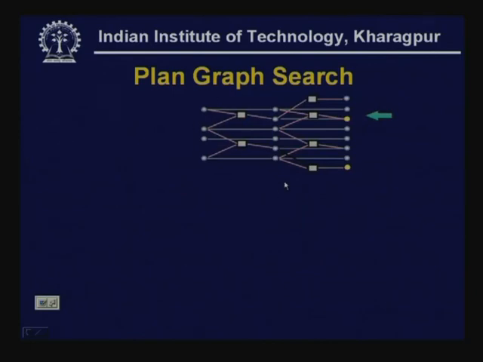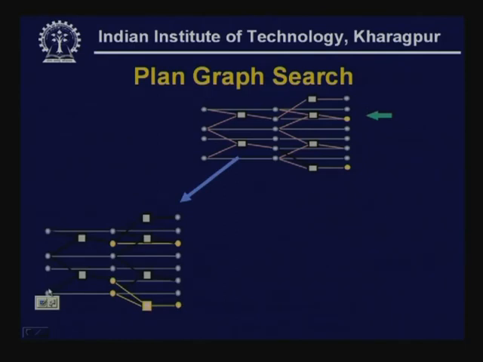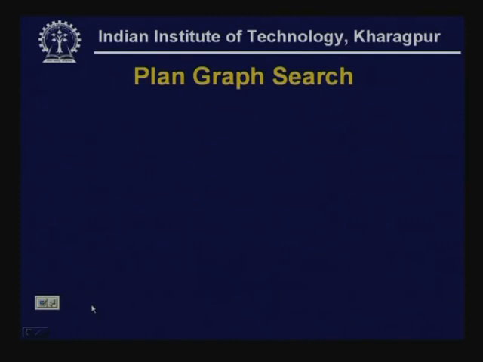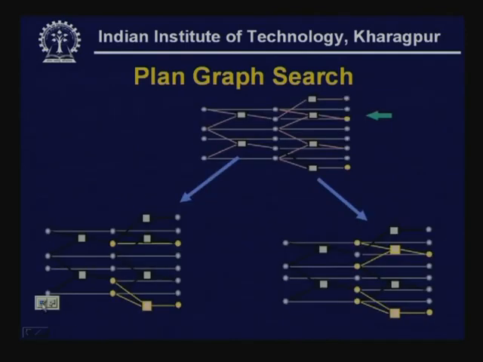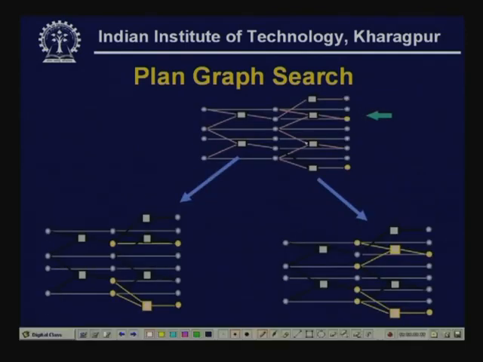This is the planning graph that we start with, and corresponding to these two possibilities, we get two different planning graphs.